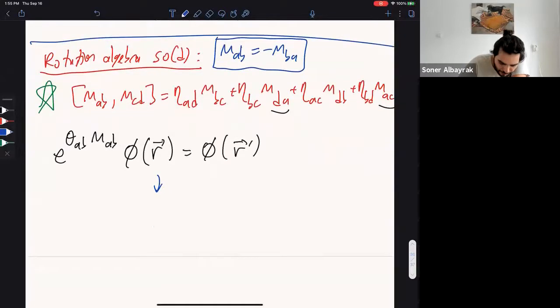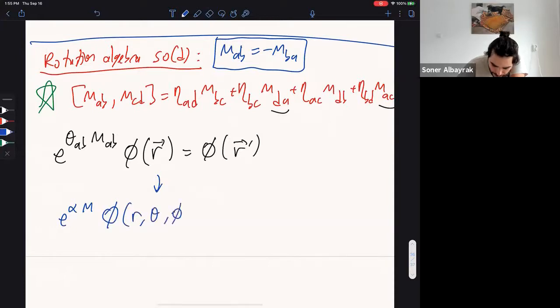Then we can say, okay, e to the alpha times some generator M acts on r, theta, phi, and it's rotating, let's say, in the xy plane.